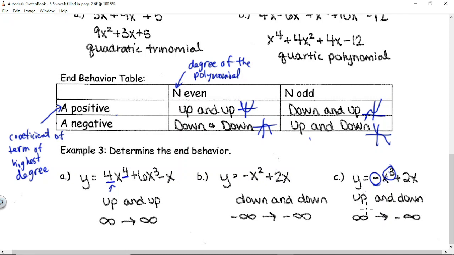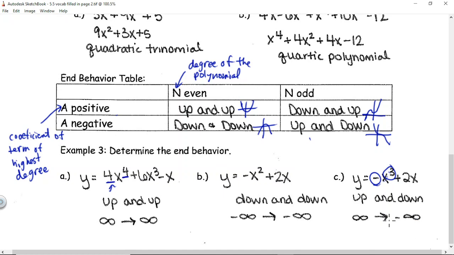If they want you to use this infinity notation, you could use it as well. And here we have positive infinity as you go to the left, and that corresponds to saying up. And down means that when you go to the right, it goes down. So negative infinity means going down.